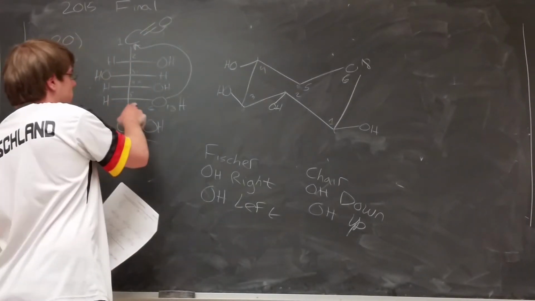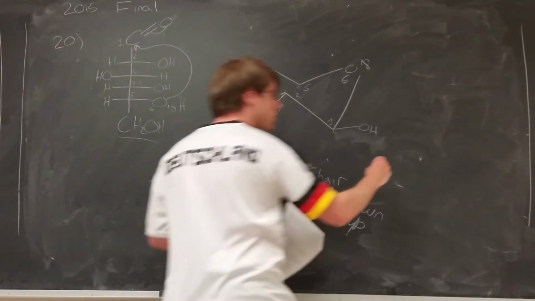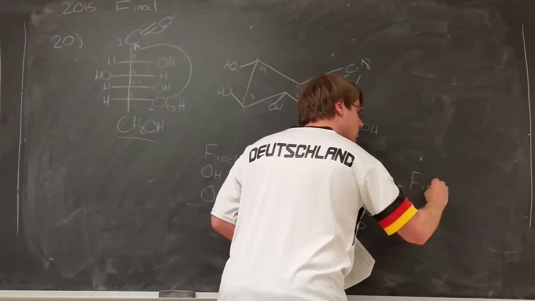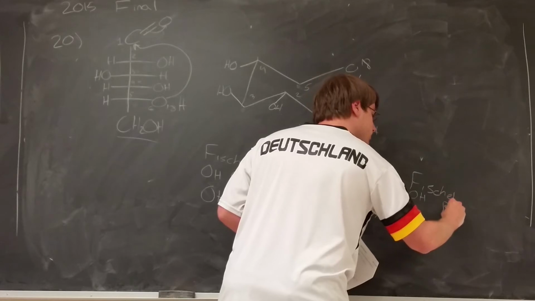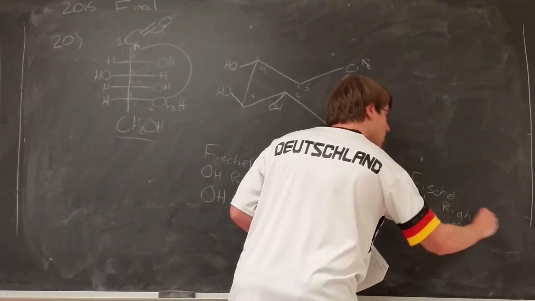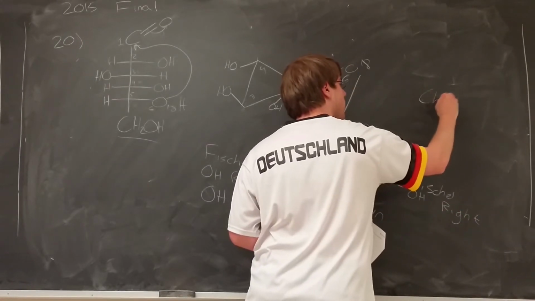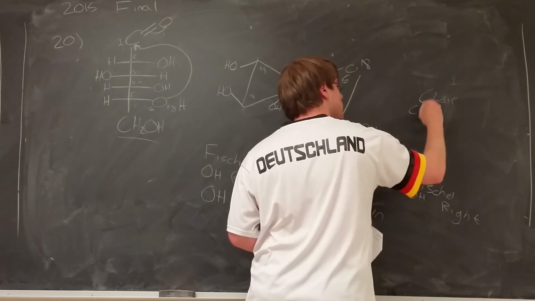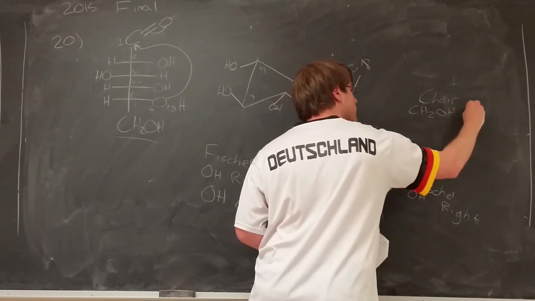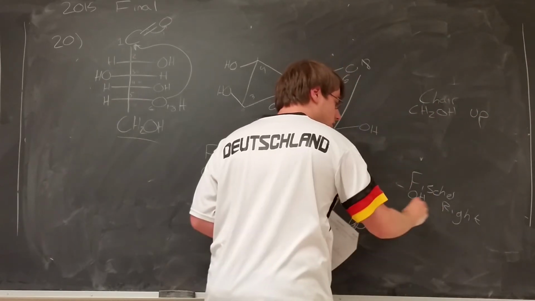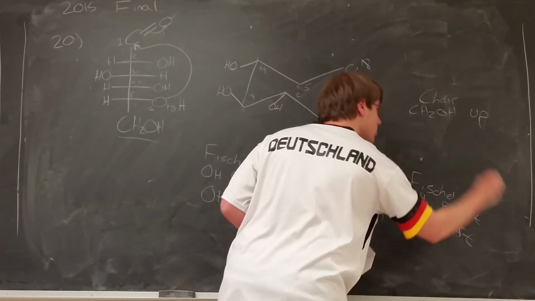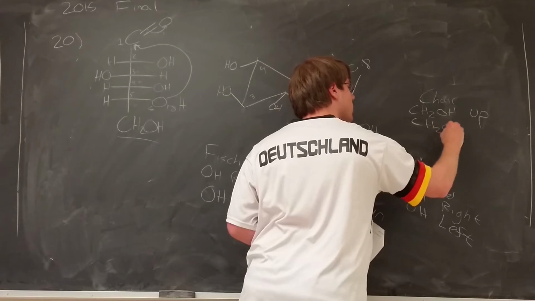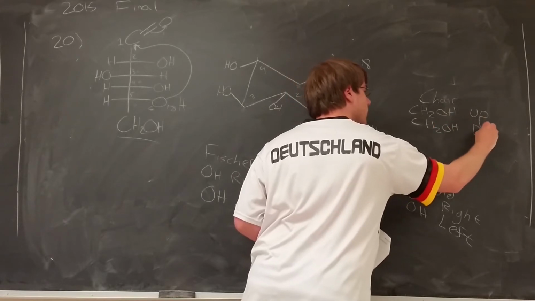The rule is, if the OH on carbon 5 in the Fisher projection is on the right, when you draw your chair or your Haworth, the CH2OH points up. And in the Fisher, if the OH is on the left, the CH2OH will point down.